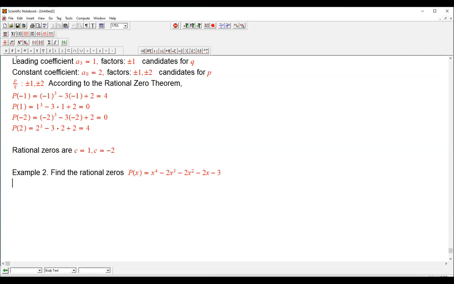We have a sub 4, equal to 1. The factors are positive 1, negative 1. These are the candidates for Q.